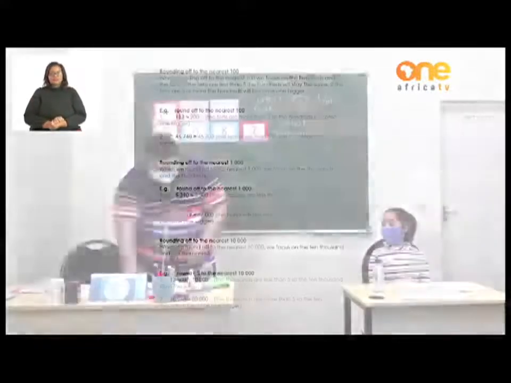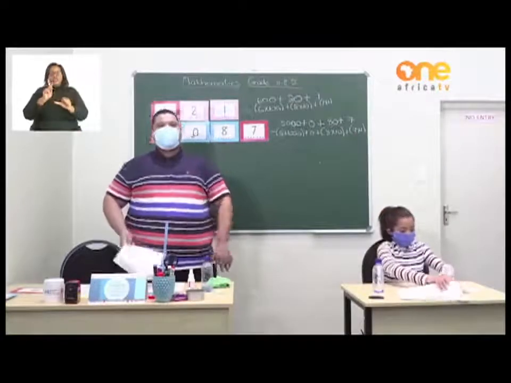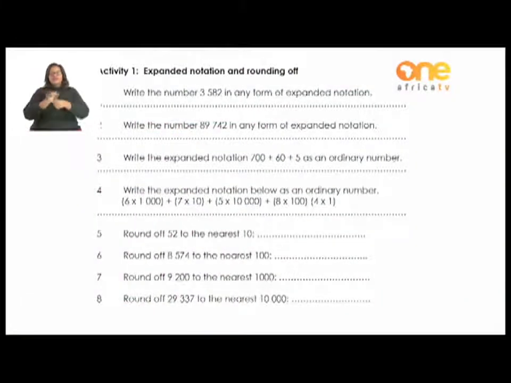Now, boys and girls, if we turn to page 25 of our book, you will see there's a really nice activity for you to do. The activity is based on expanded notation and rounding off. Number 1, write the number 3,582 in any form of expanded notation. Remember, we did 2 forms. Number 2, write the number 89,742 in any form of expanded notation.